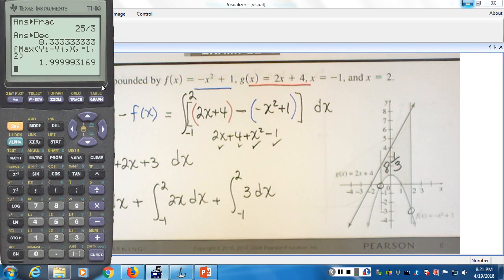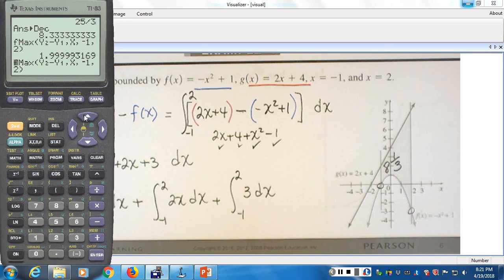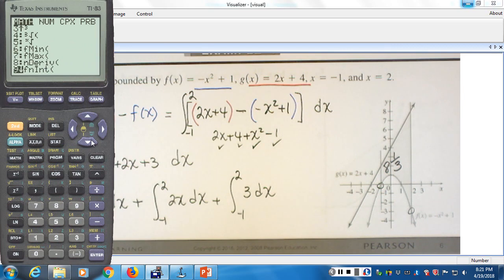I'm not so sure that's right either. Oh, I know it's not right because that said function max. Never mind. Oh, it says it's 15. So why am I getting 8 1/3?